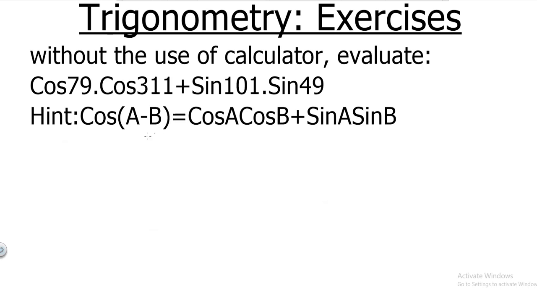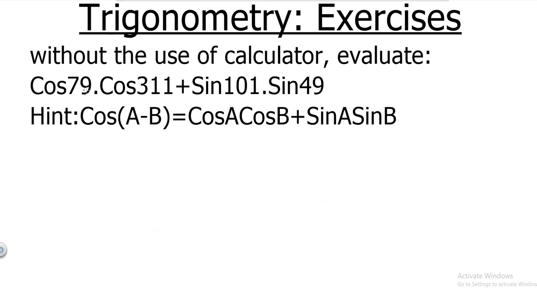When you look at this carefully, you will find that we need something like alpha minus beta. So we need the two angles that, when subtracted, will give us this formula.